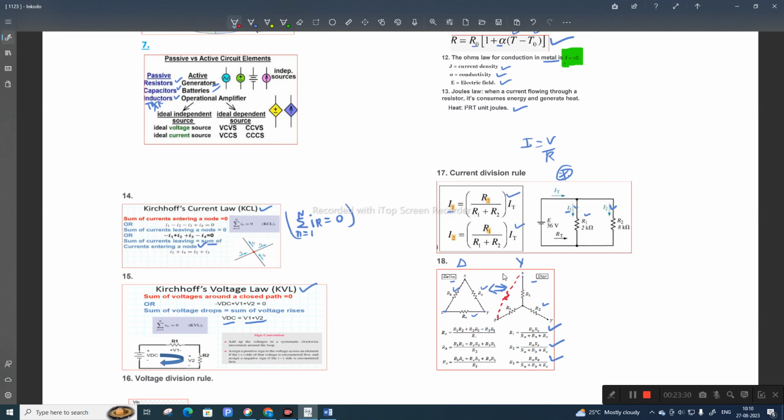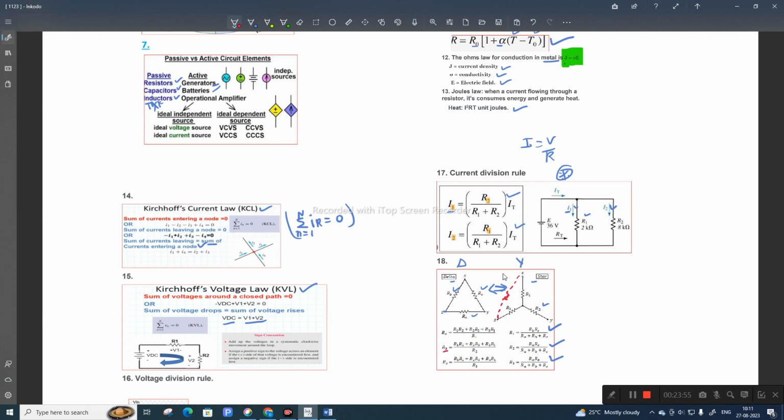This is the cyclic combination you have to take, then divided by the resistor opposite to this, R2. You have to put R2 if you want to find RB. So R1 into R2, R2 into R3, then again R3 into R1, divided by the opposite resistor. If you are taking these two, then the opposite one is RC, if you want to find RC.